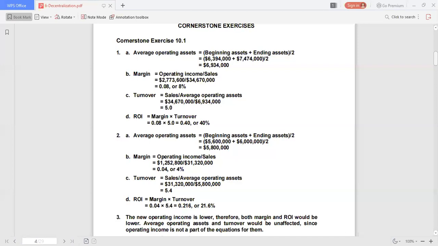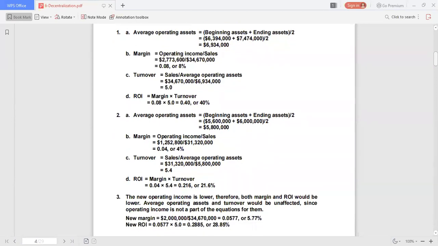So what are now the changes in our solutions? For number 3, the new margin is taken by dividing the new operating income by sales. So the new margin will only be 5.77% in lieu of 8%. That's your new margin.